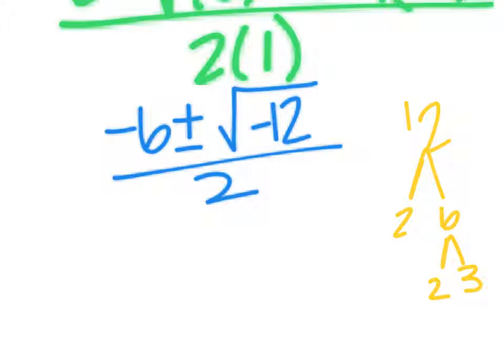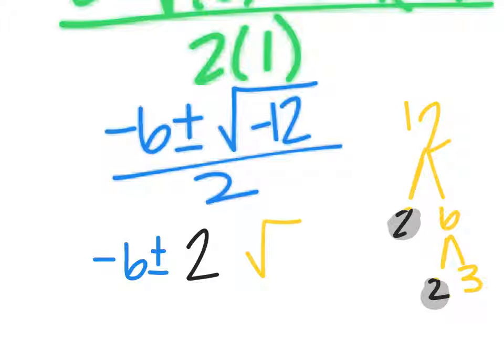So I have a pair of 2's, which means I'm going to have a 2 on the outside. And then I have a 3 left over, so there's going to be a 3 on the inside because it didn't pair up with anything. And then because it was a negative underneath the square root symbol, I'm going to have an i as well.